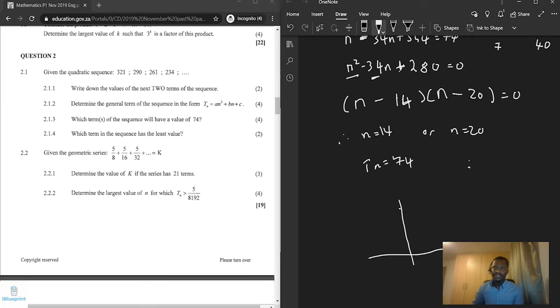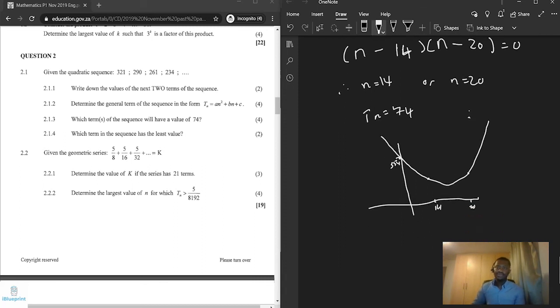And you know that at 14 and 20, the value is 74. You know that it's concave, which implies it's going to look something like this. So that question is done, and the answer we're looking for is 14 and 20.